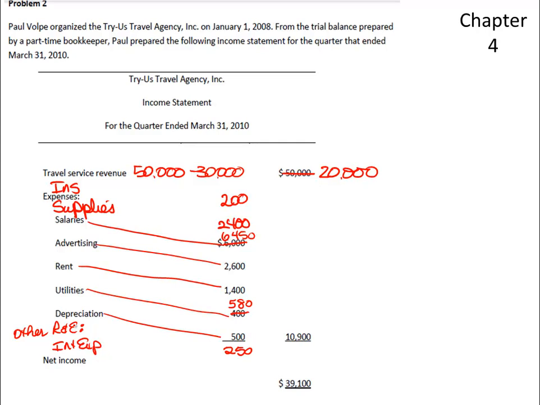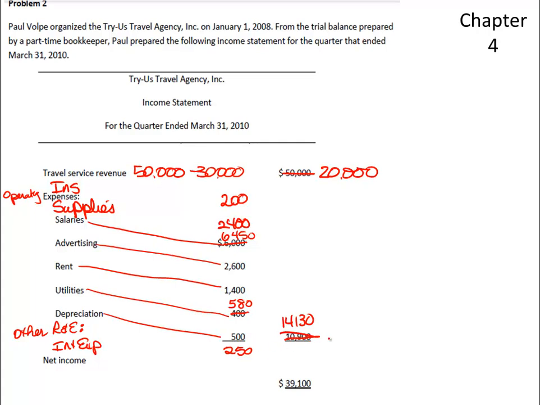So if we readjust our net income, our operating expenses come to $14,130. So that's before the interest expense.